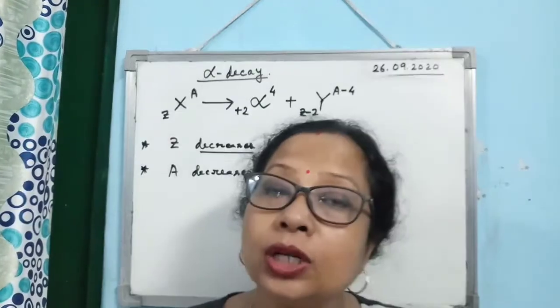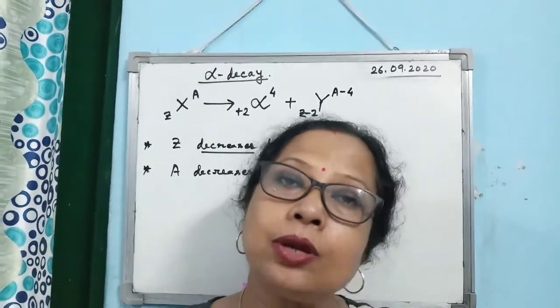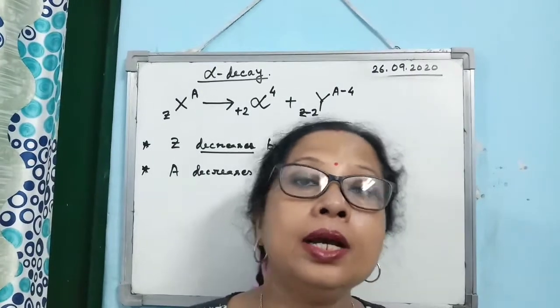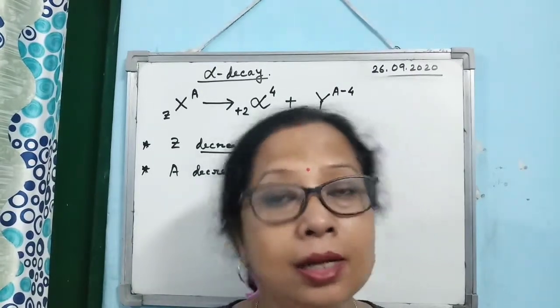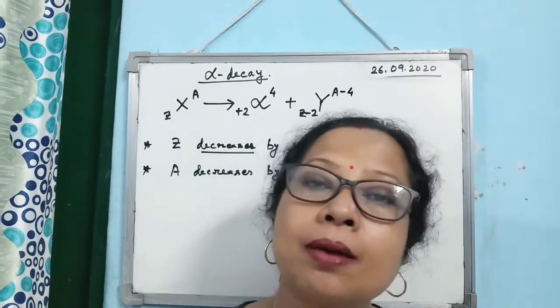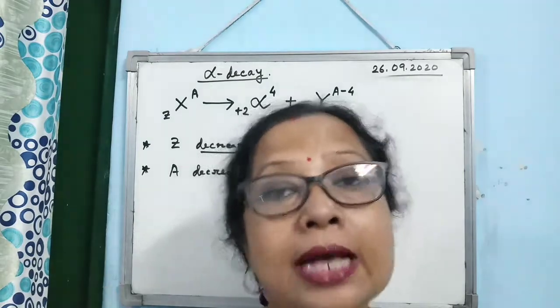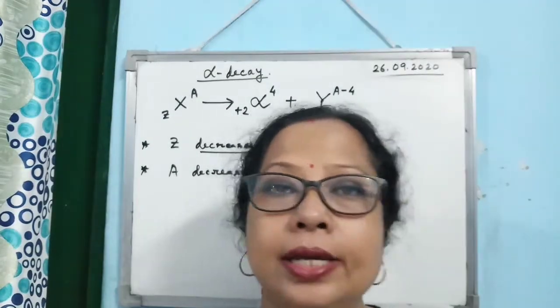The total atomic number on the left side of the reaction should be equal to the total atomic number on the right side. In the same way, the total mass number on the left should be equal to the total mass number on the right.